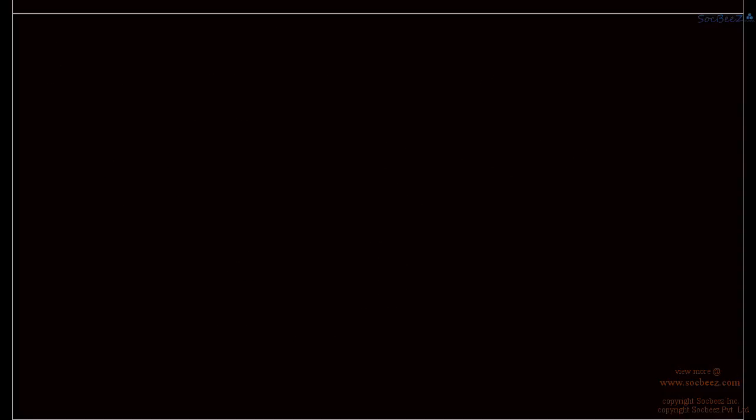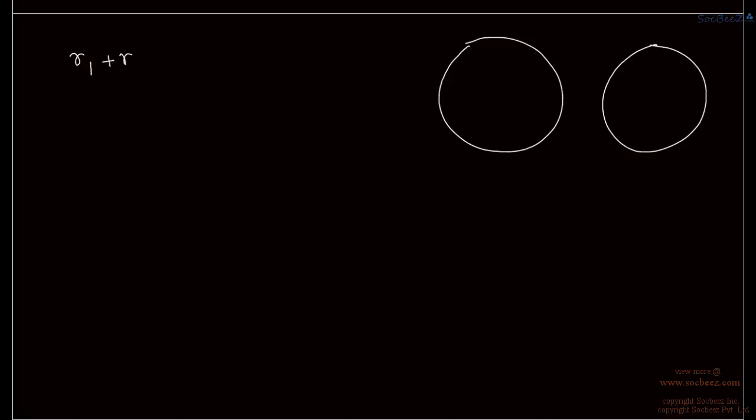For the case when circles do not intersect or even touch each other, R1 plus R2 must be less than O1 O2. This length is R1 and this length is R2. So O1 O2 must be greater than R1 plus R2 for this case.